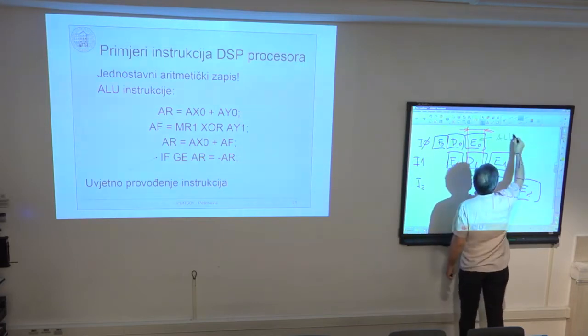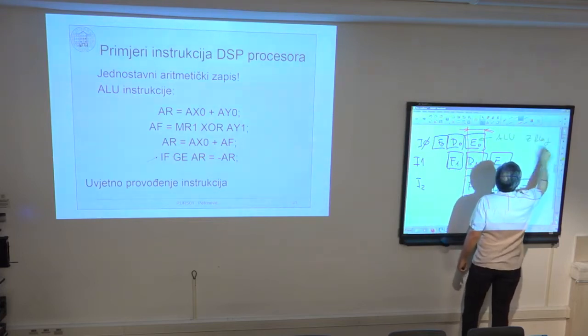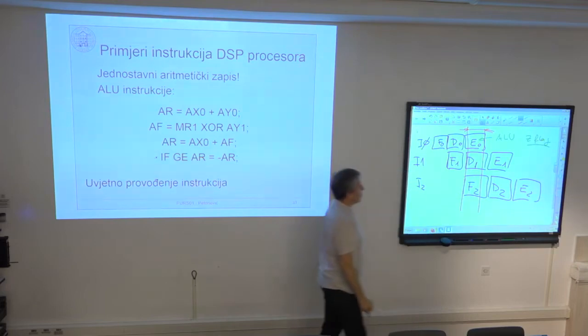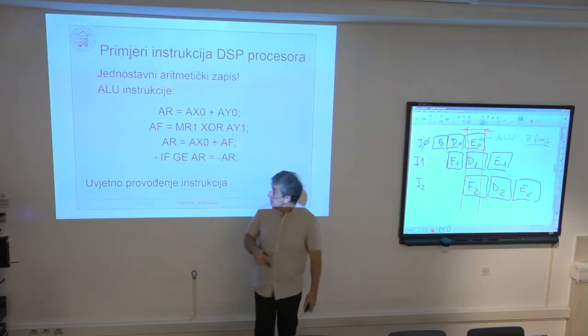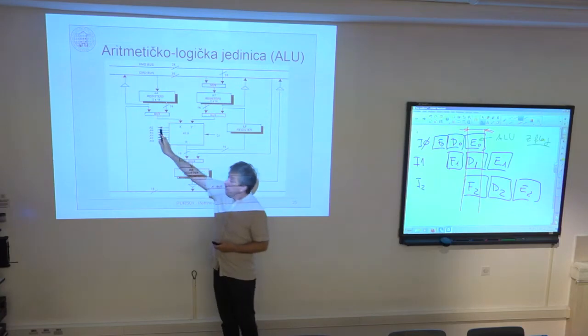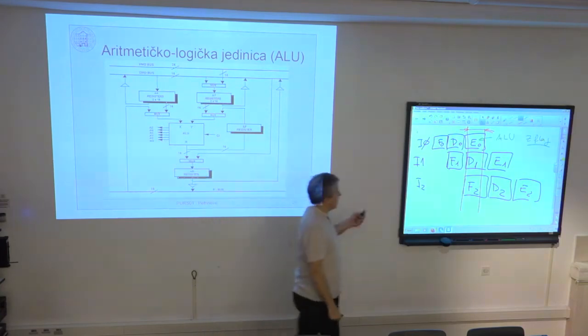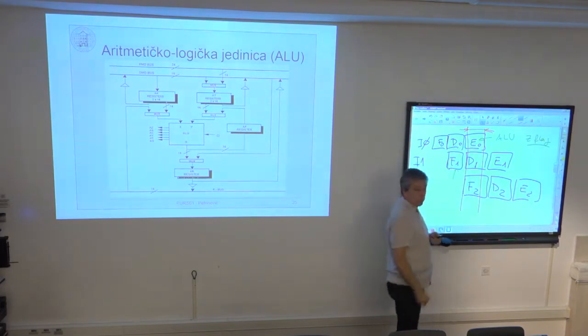Just for simplicity, let's say it sets the zero flag. So the result of our instruction is 0, the output value in the AR register is 0, and the zero flag AZ is set. And then you have, for example, a conditional jump: jump if 0.